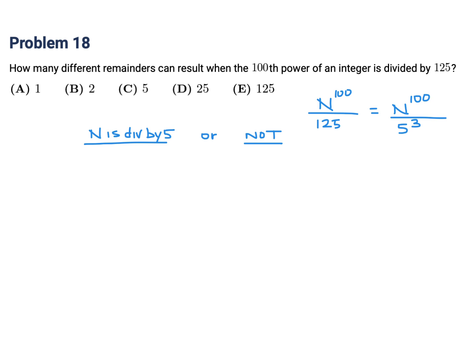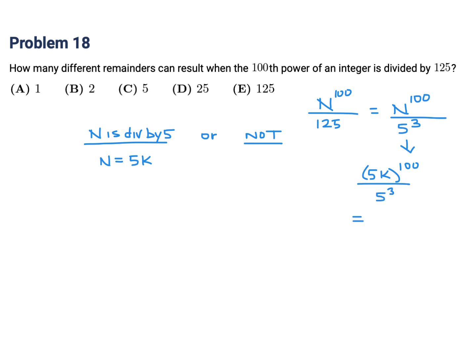If n is divisible by 5, it's of the form 5k. And if that's the case, then we plug it back into here. It would be (5k) to the power of 100 all over 5 to the power of 3.